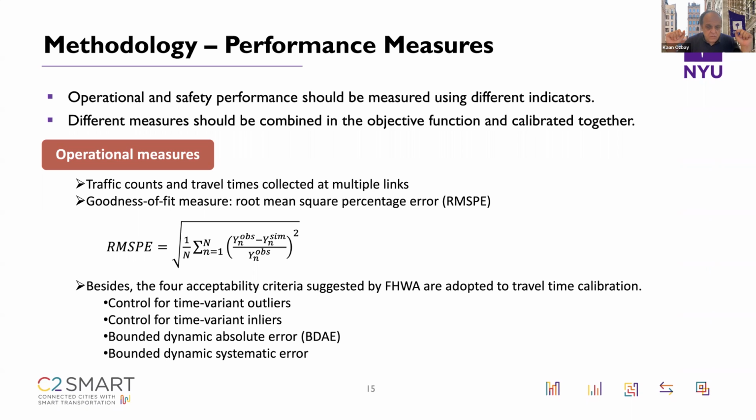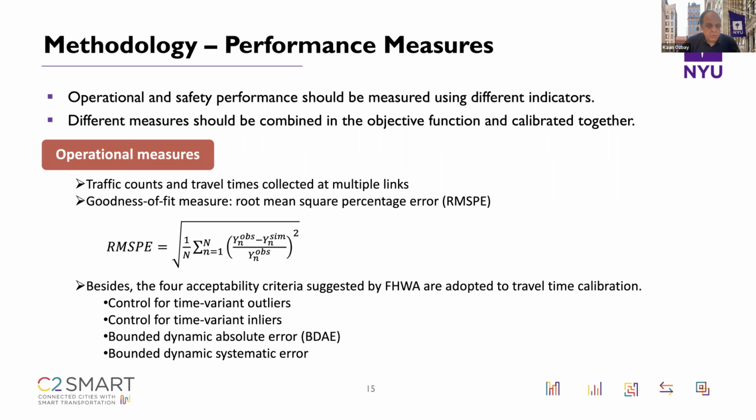Since it's a real world project, we also have to satisfy some of the well accepted criteria so that the results are acceptable to the traffic engineering community. There's research in terms of calibration and adding a new framework that includes safety that is not in the state of practice. So in that way, we're improving the state of practice and state of the art.